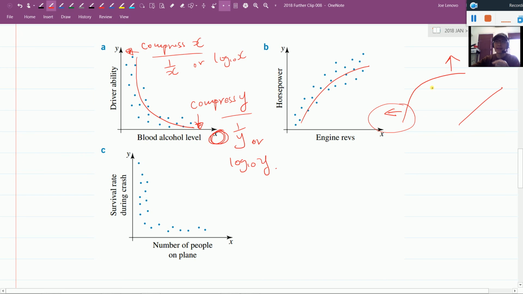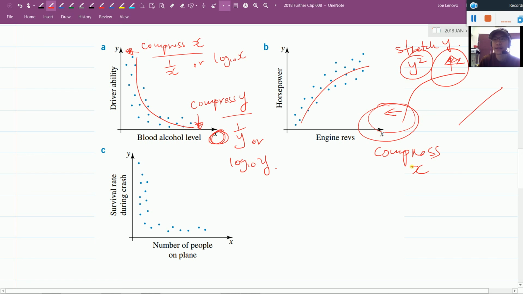Just like a bent tube, if you want to straighten it, you just open it up. So when you open this up, this one moving back is compress x, and this moving up is stretch y. Stretching y is y square. For compress x, it is 1 over x or log x.